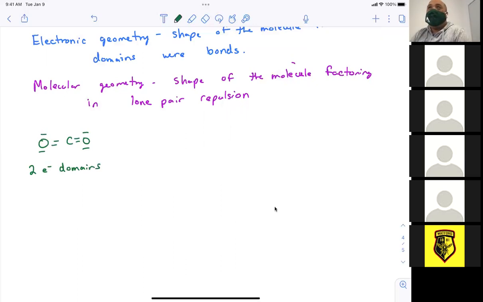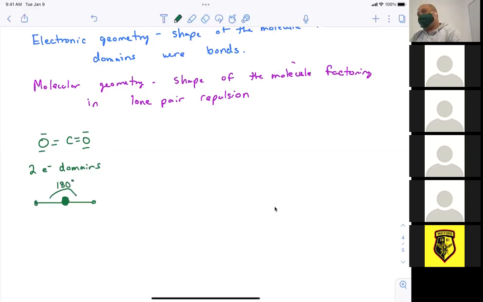If you're going to organize those 2 domains as far away from each other as possible, how would you separate them? Yes, Lucia. What's the maximum angle you can create with 2 lines? 180. Yes, as far apart from each other as possible. It'd be 180.